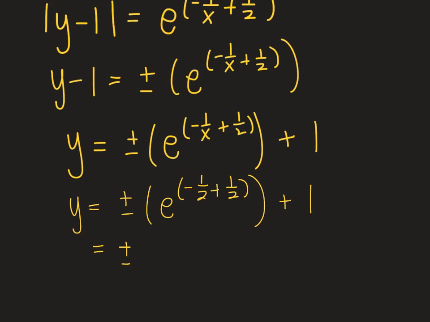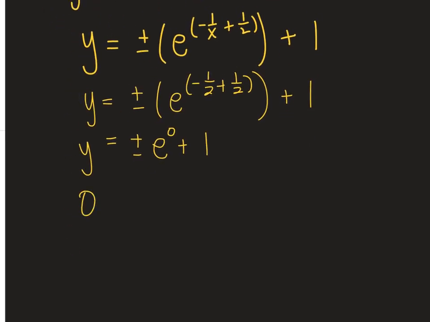That's plus or minus e to the 0 plus 1. And we know this is supposed to come out to be 0 because of the initial condition. So should it be plus or minus e to the 0, which is 1, plus 1? Well, it's got to be the negative. The only way to make 0 is to have negative 1 plus 1.